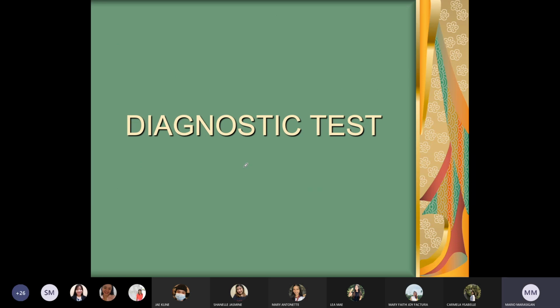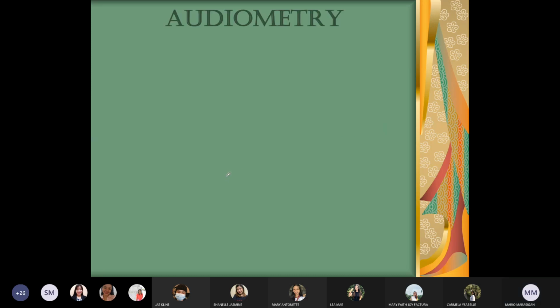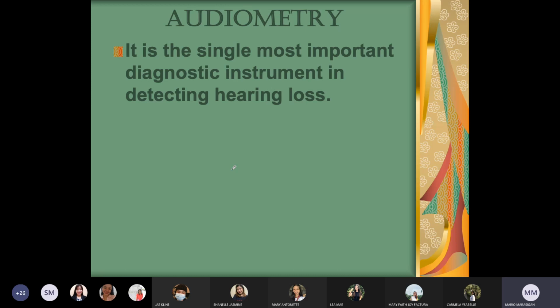I'm going to discuss here the diagnostic test because we don't have enough time for the skills lab. First is the audiometry. Audiometry is the single most important diagnostic instrument in detecting hearing loss.